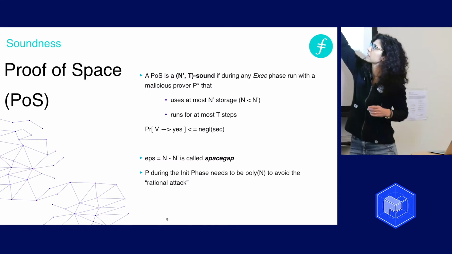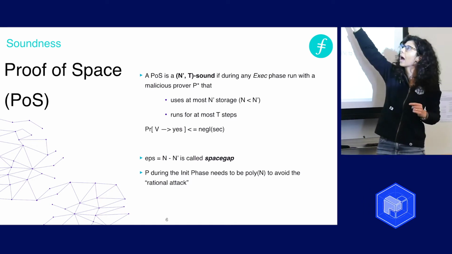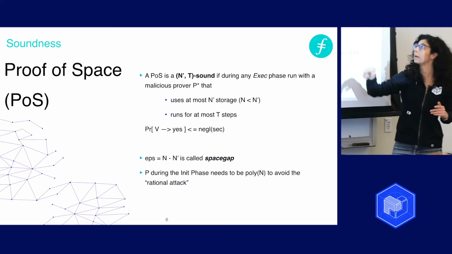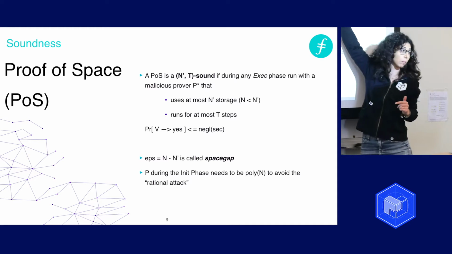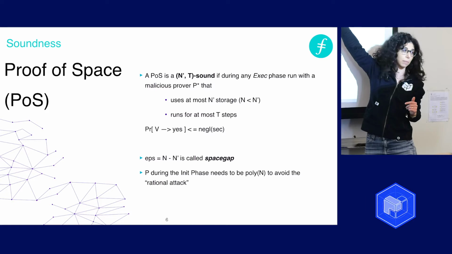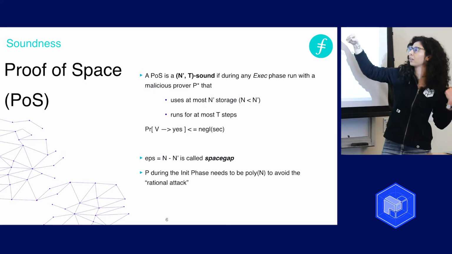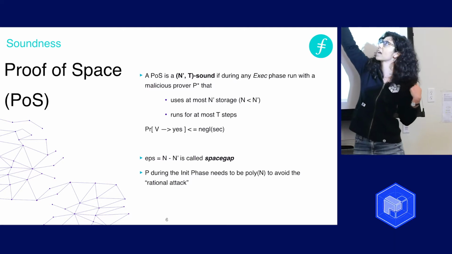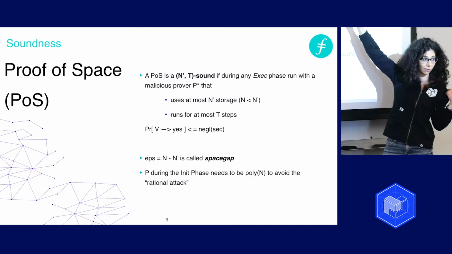Now I want to discuss a bit more about these two constraints. Here in the adversary, if you think for a moment, this is basically a trade-off between space and computation, because I'm bounding my adversary on both sides: both the storage and the computation are bounded. In order to avoid going back to proof of work, and having a prover that can save a lot of storage because it does a lot of computation, we really want to avoid that.